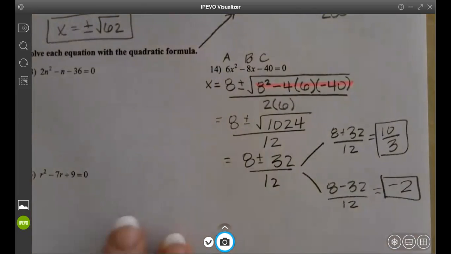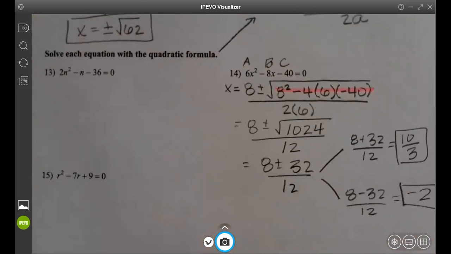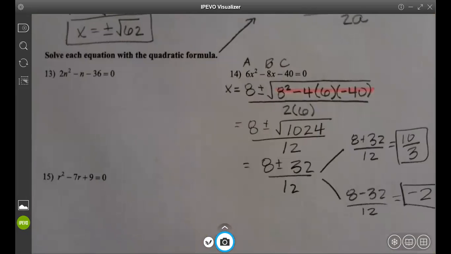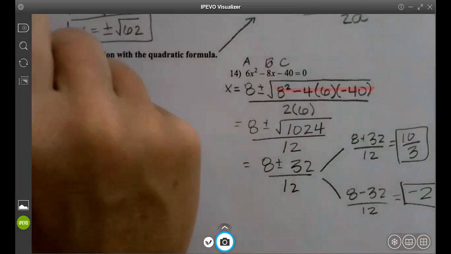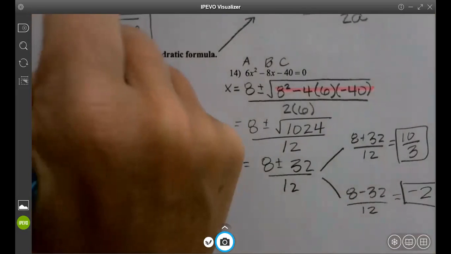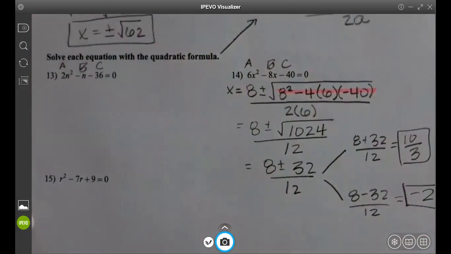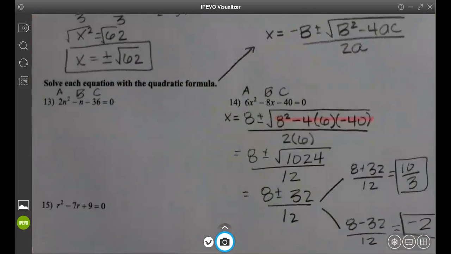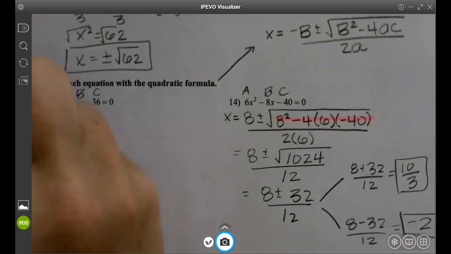The good thing is all the other ones are solved for 0, so you're still doing an A, B, and C. The only difference is some of these don't have numbers. Remember, when they don't have numbers, it's a 1. So on this one, A is 2, B is negative 1, and C is negative 36. So there's your formula up in the corner. X equals.